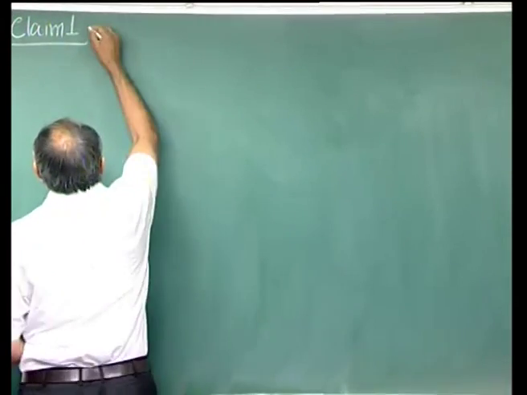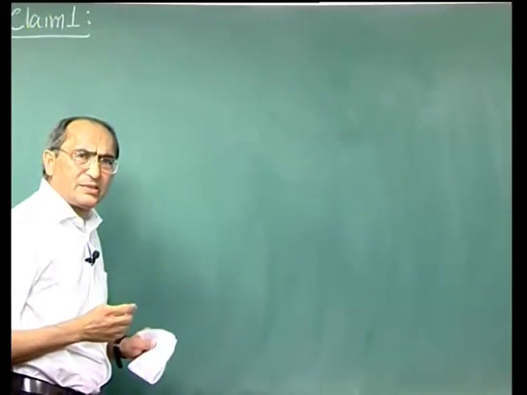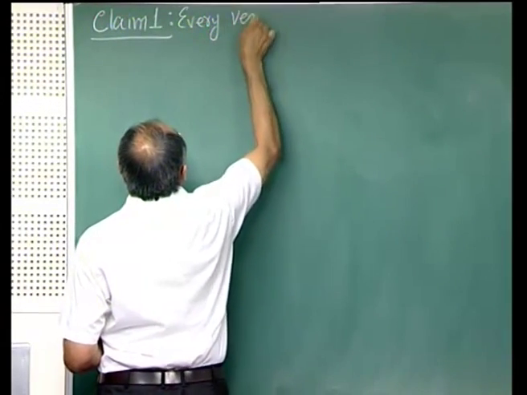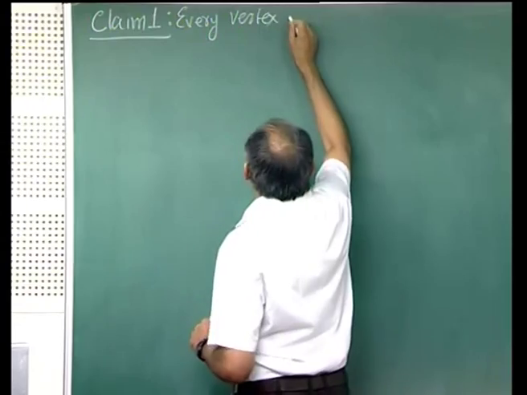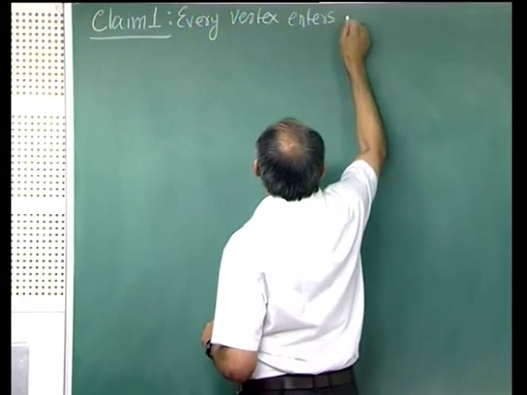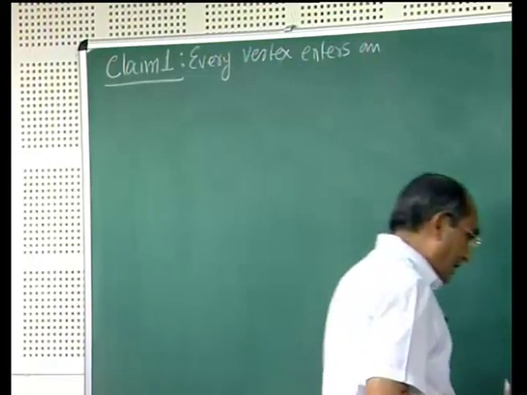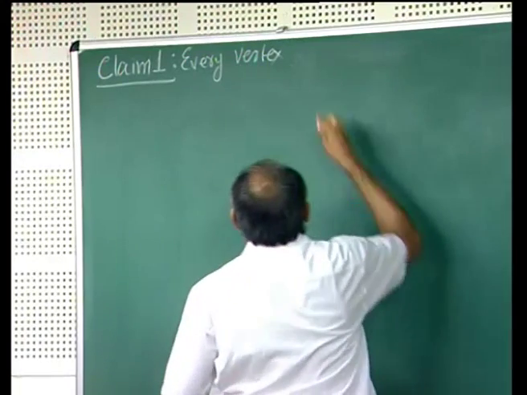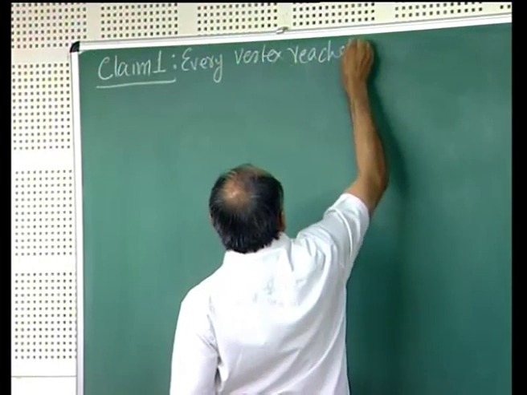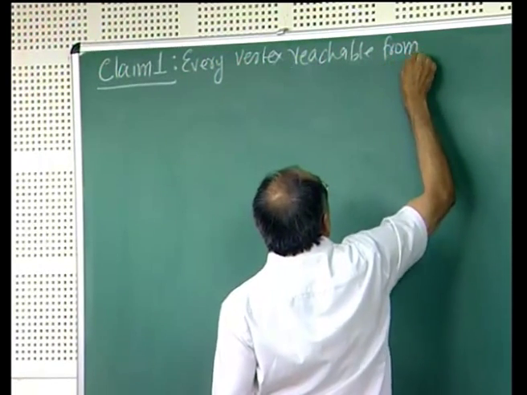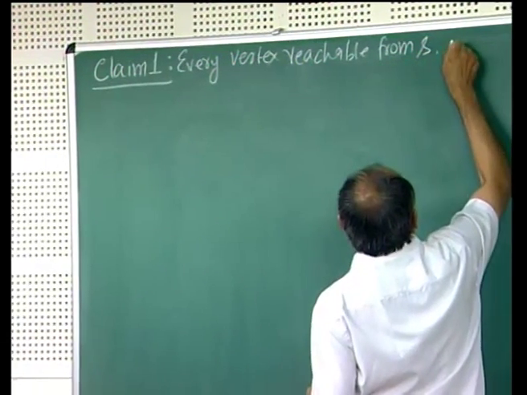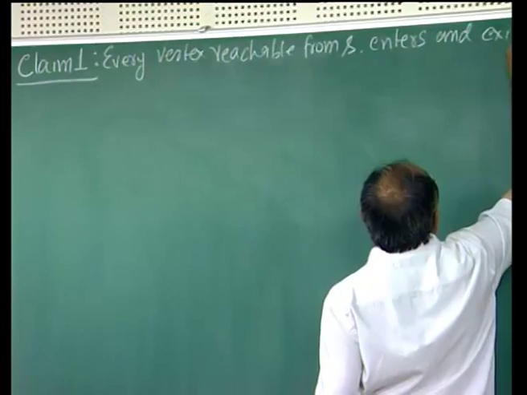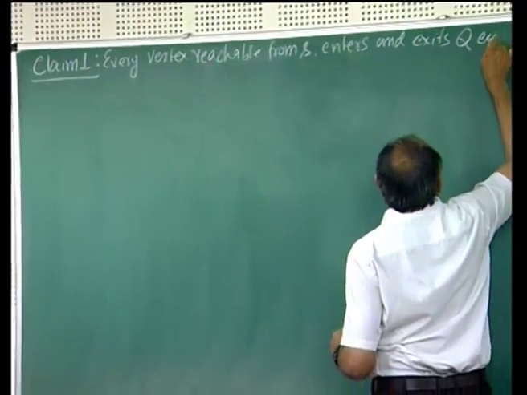So, this claim again holds now, namely that every vertex reachable from S enters and exits Q exactly once.